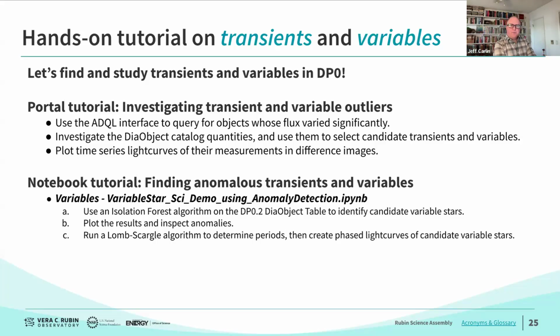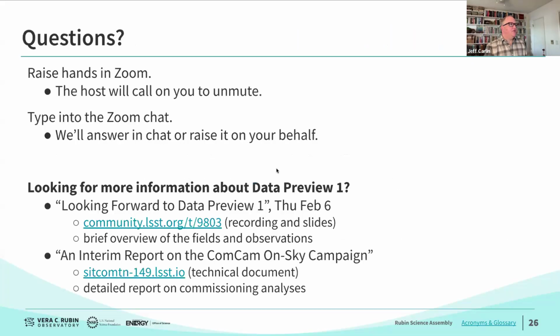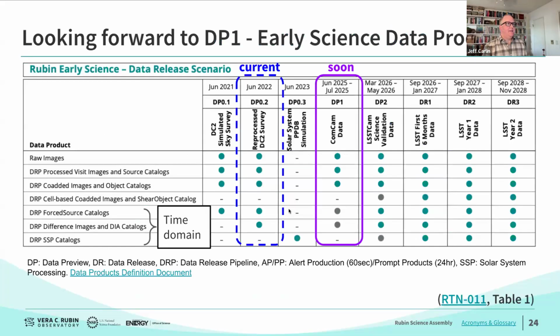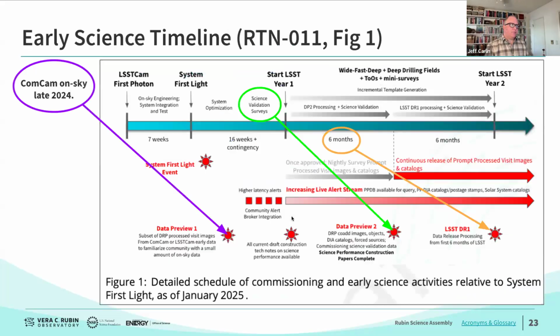I see a question. When will the LSST alerts start flowing? That's yet to be decided, in part because, as I mentioned, it depends on when we are able to build up templates over a large enough area of sky that we have a template available when we observe new images.